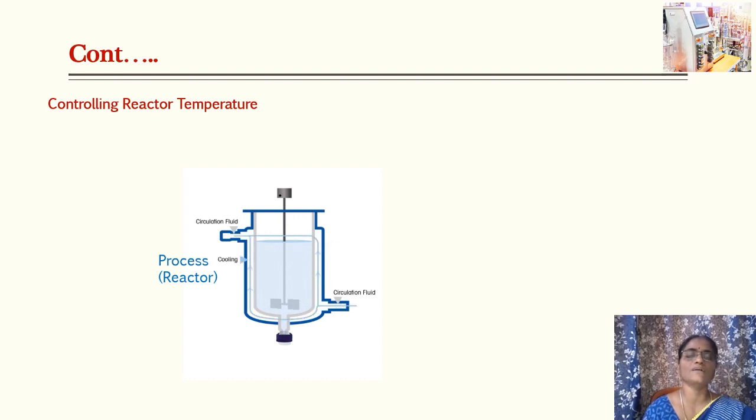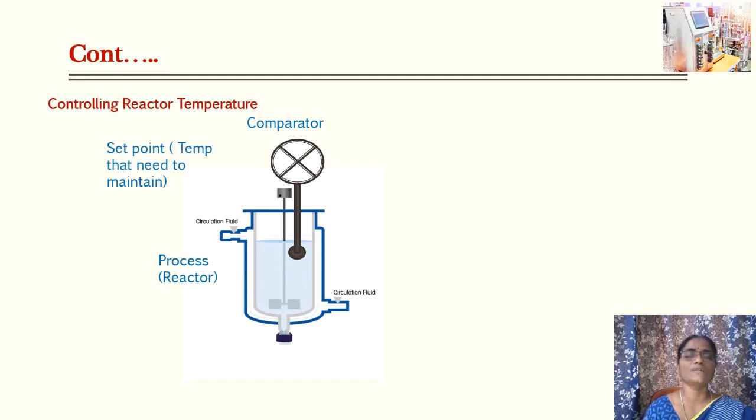So our aim here is to maintain the reactor temperature constant. First, we take a measuring instrument or sensor and measure the current temperature. That temperature is given to the comparator. In the comparator, we have already given a set point, which is the temperature that we want to maintain.